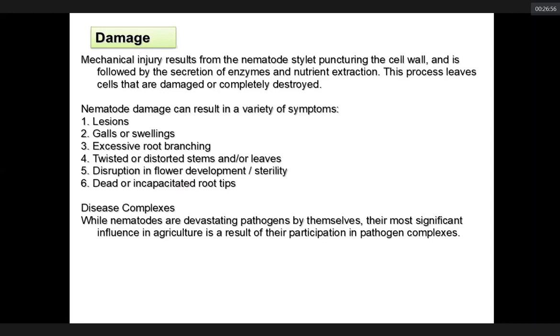You understand? So the function of root exudate is either to attract the pathogen or to repel the pathogen from the root zone to the distant area. And attraction means that from a distant area, the pathogen will be attracted to the root area.